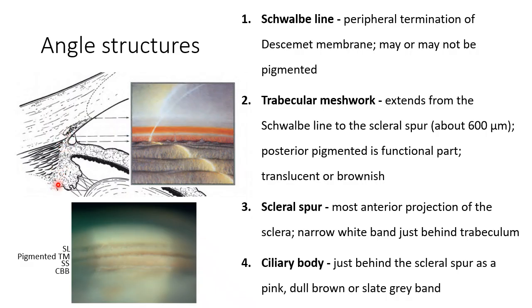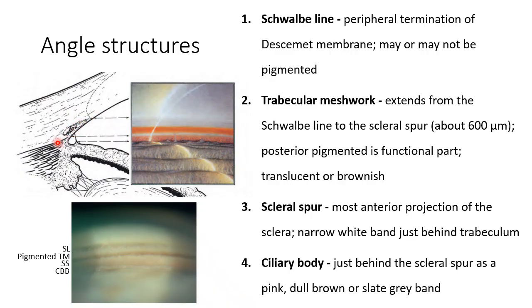Then comes the ciliary body. So this is the base of the ciliary body, or the ciliary body band. Then this is the iris, and this part is the root of the iris. So basically the structures that you see here from anterior to posterior are the peripheral termination of the cornea and the beginning of the sclera, which is known as the Schwalbe line. Then you see a broad band, that is the trabecular meshwork.